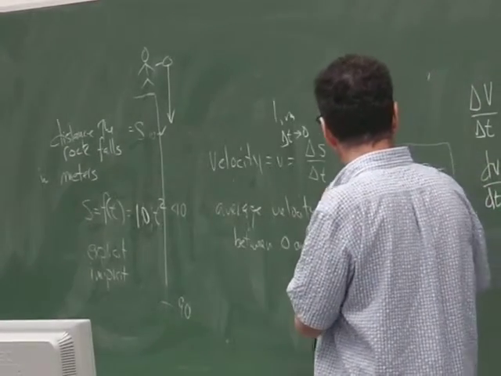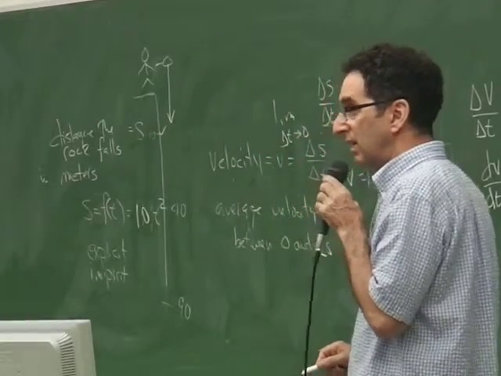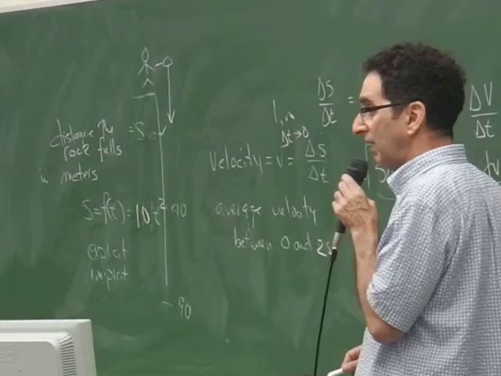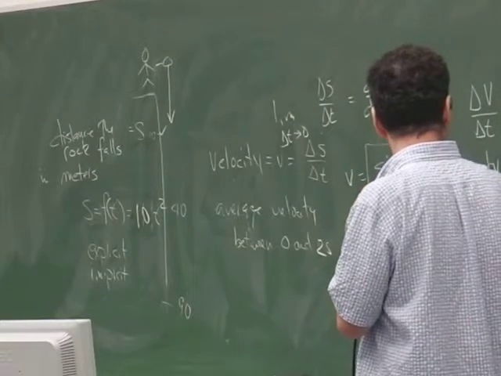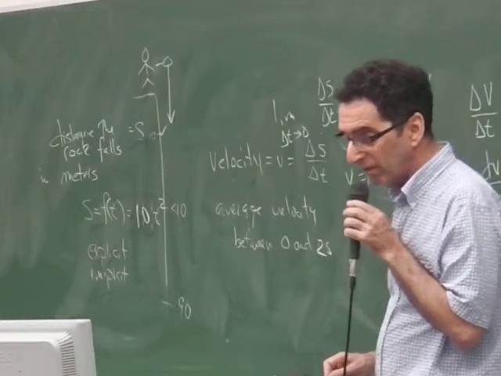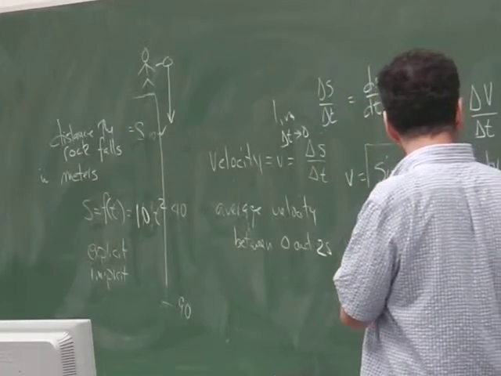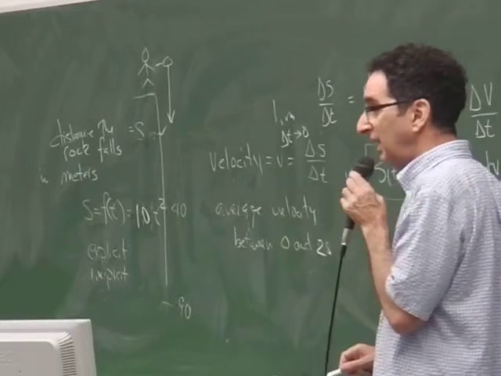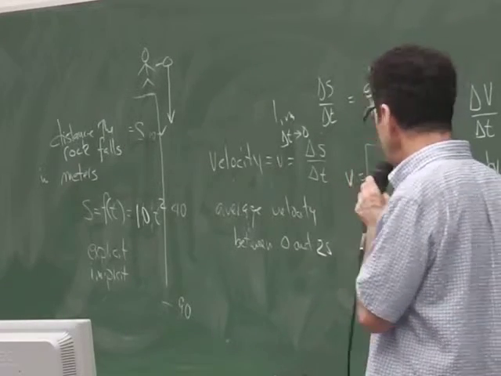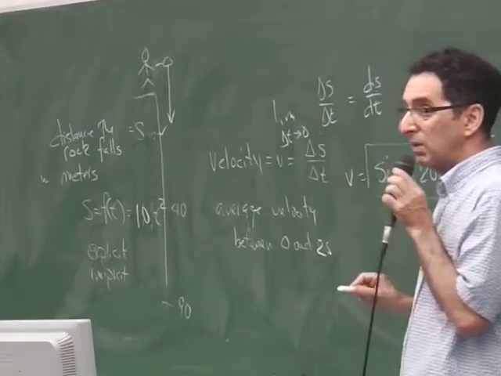So what is dv dt? Well, where is v of t? This is v, right? That's the velocity. So what's the derivative of that? 20. So what's the acceleration? 20. So does the acceleration depend on t? Do you see a t in here? No. The acceleration doesn't depend on t.